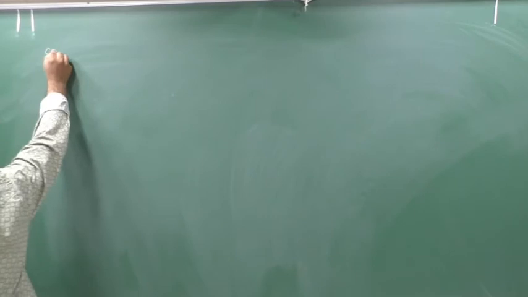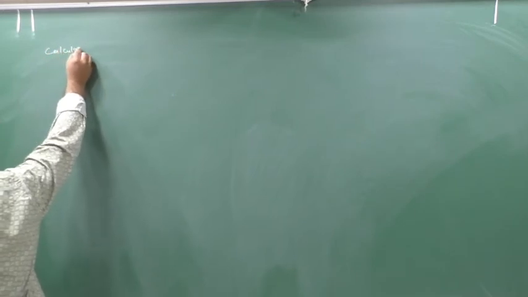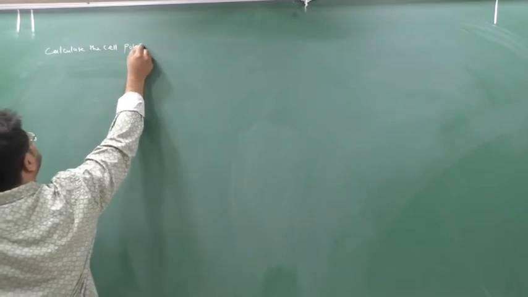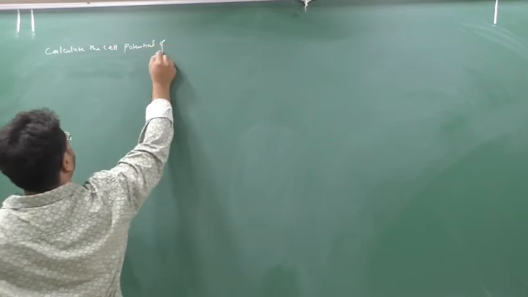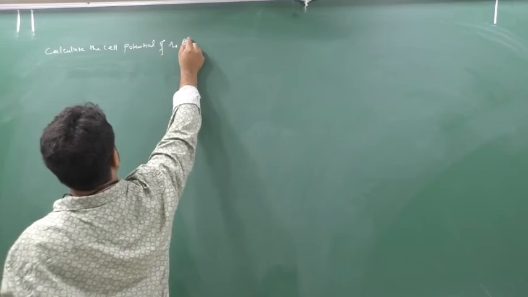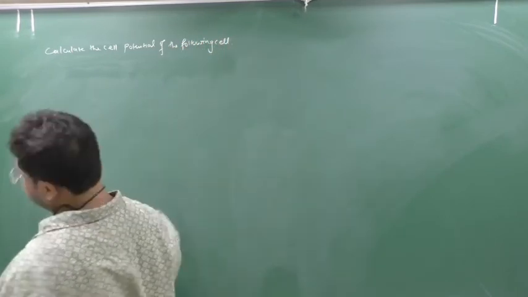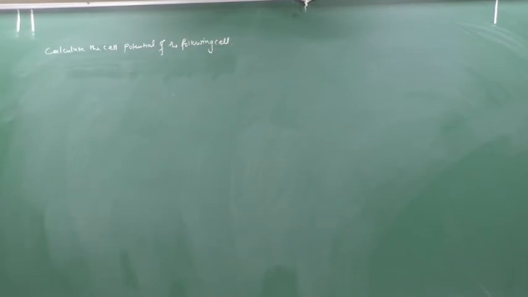Calculate the cell potential of the following cell. Write down along with me, beta: calculate the cell potential of the following cell at 298 Kelvin.